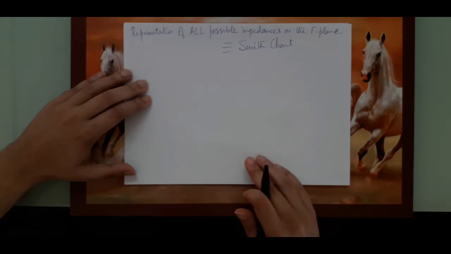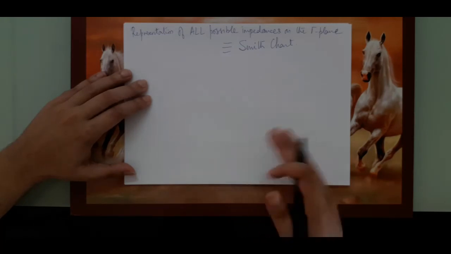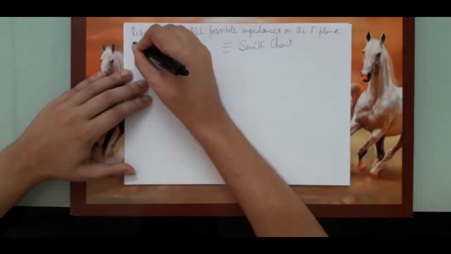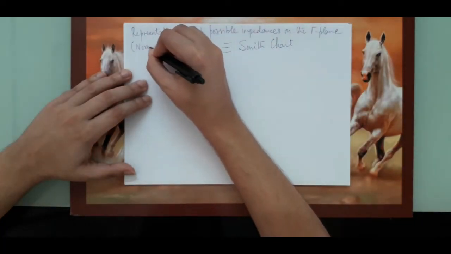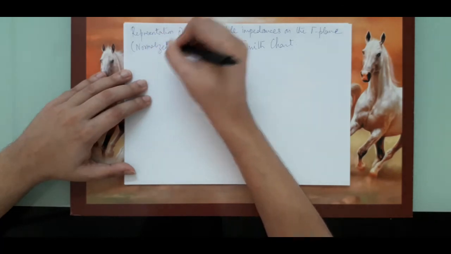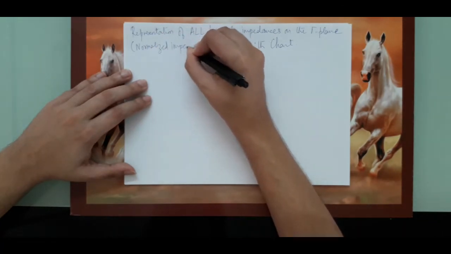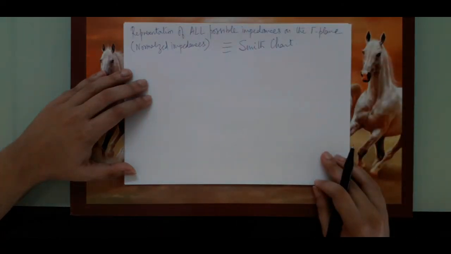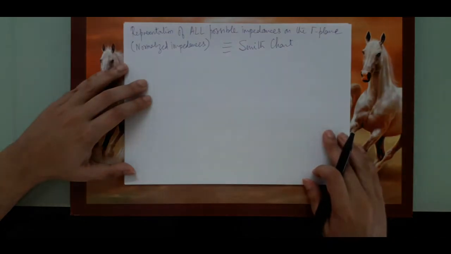We know the relation between gamma and small z. Here I should say only for normalized impedances, because we have been working with normalized impedances when we were discussing the mapping.